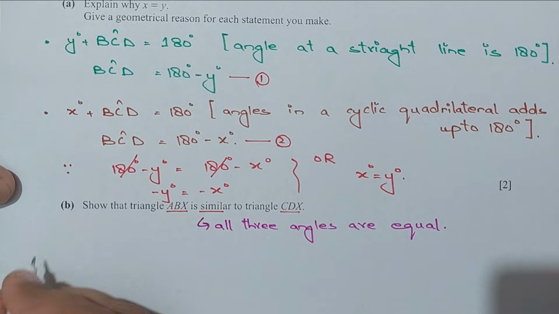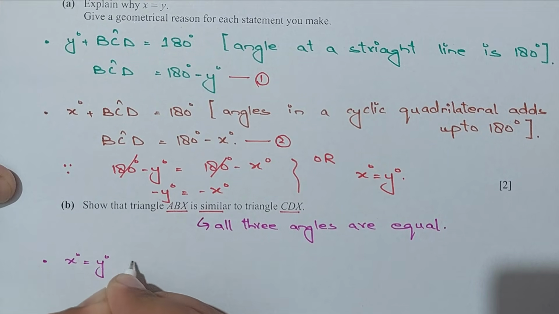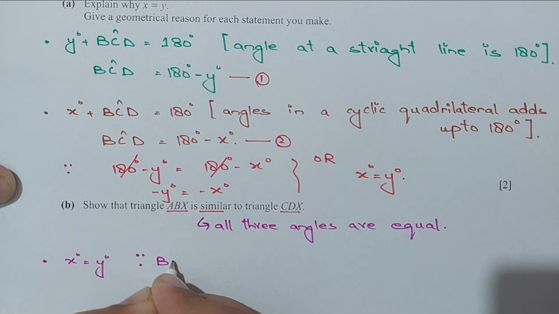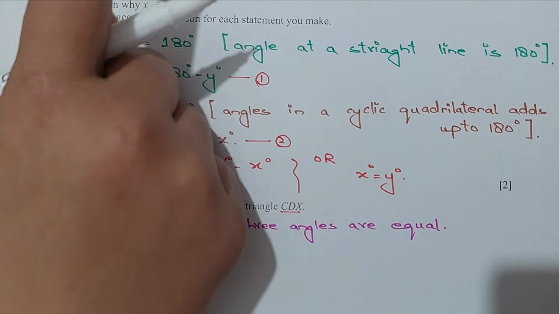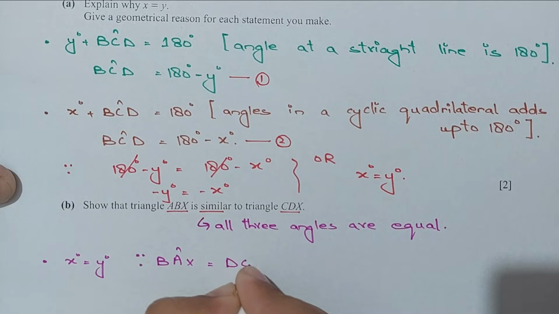Okay, so the first reason is we can say x equals y, or we can say angle BAX is equal to angle DCX, right? And the next reason is we can say angle X is the same, angle AXB is equal to angle CXD.